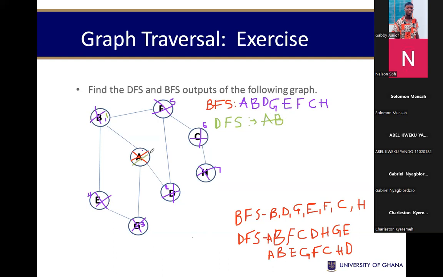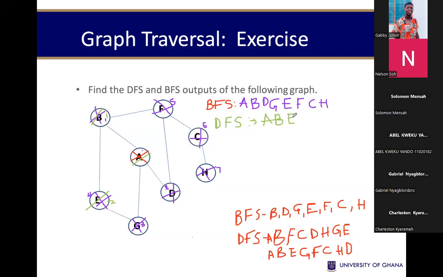So here too, I have to close the B. Now, what will be the first adjacent friend of B? In this case, it is not F, but rather E. So I come to E, and I mark E as number 2. And then E is out.